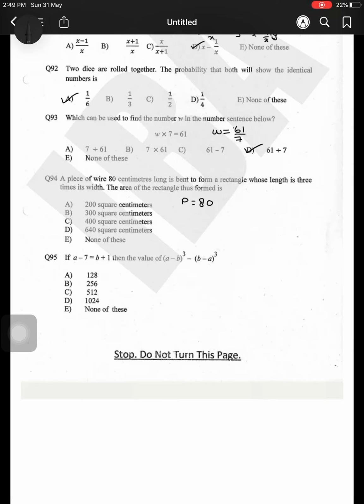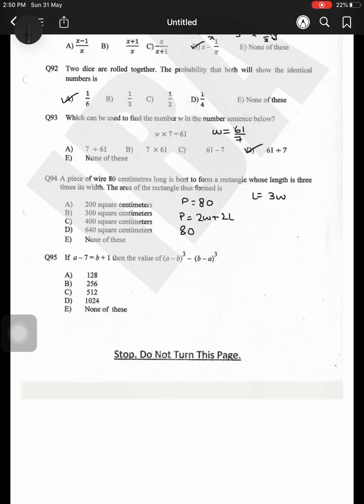This next question, he says that the perimeter is 80 and that the length is 3 times the width, and you have to find out the area of a rectangle. We know that perimeter is 2 times w plus 2 times l.